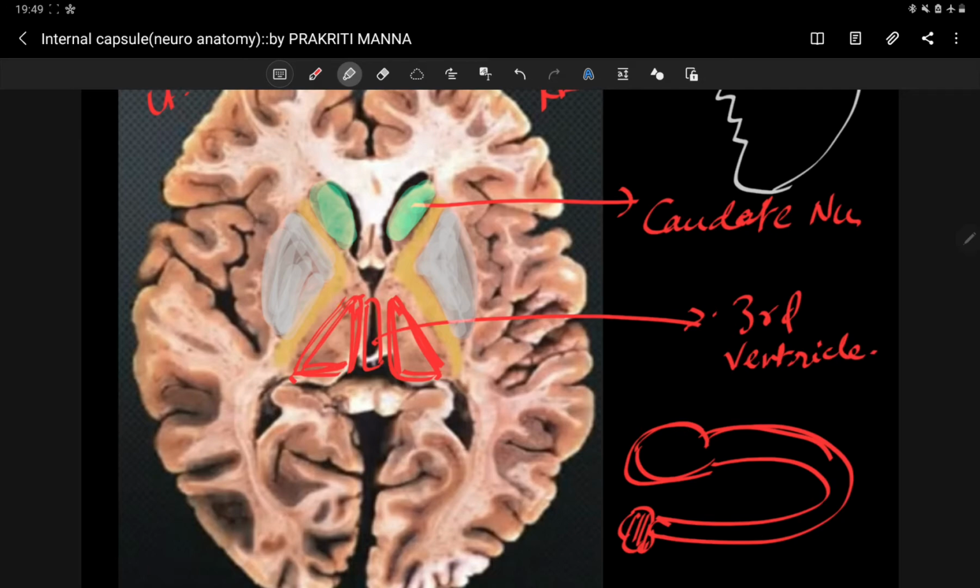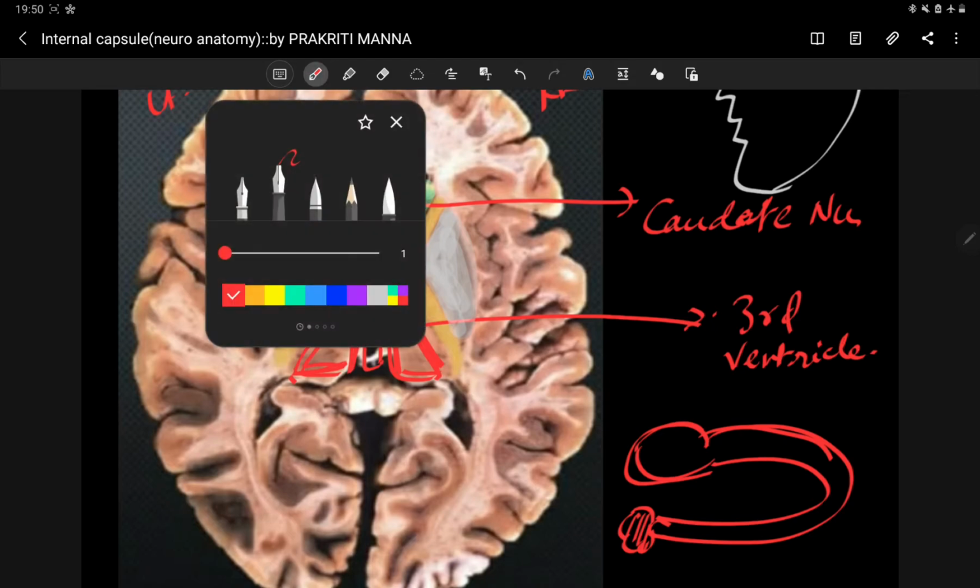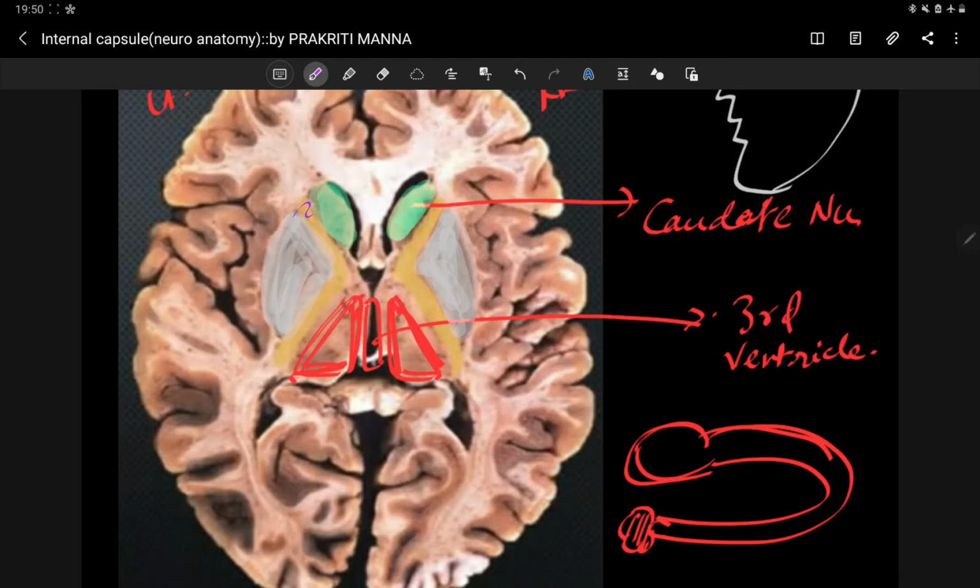This is nothing but the outermost putamen and the innermost globus pallidus, collectively called your lentiform nucleus. Why is this called lentiform? Because it is lens-like. That's why this is called your lentiform nucleus. So I am writing here the lentiform nucleus, LN.